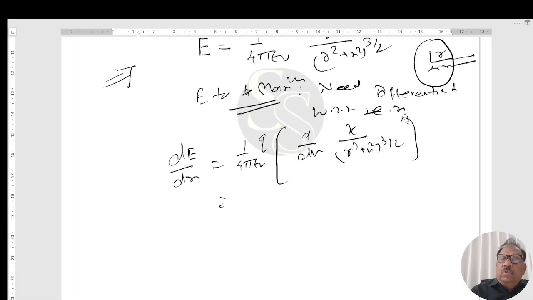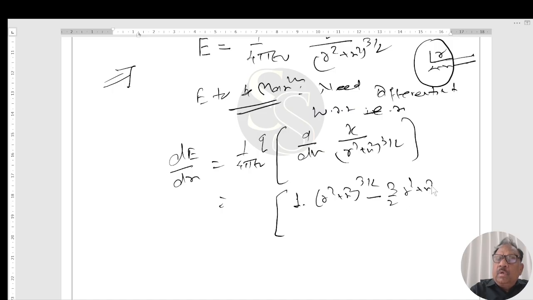Simply applying the quotient formula: 1 into r square plus x square to the power 3 by 2 minus differentiation of this, 3 by 2 r square plus x square to the power 1 by 2 into x into 2x.